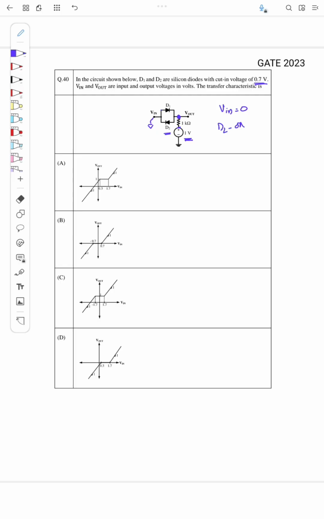D2 is on while D1 is off. Initially D2 is on and D1 is off. Let us assume this condition and see what happens to Vout. When D2 is on, the circuit is like this.